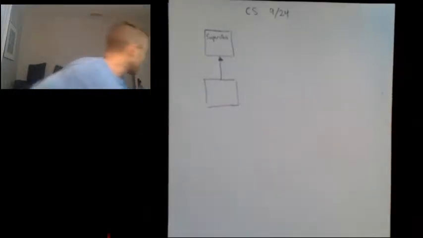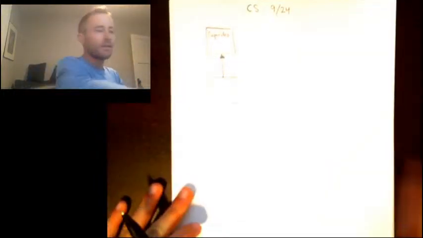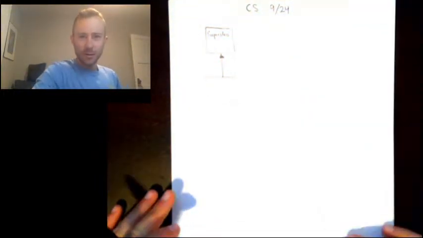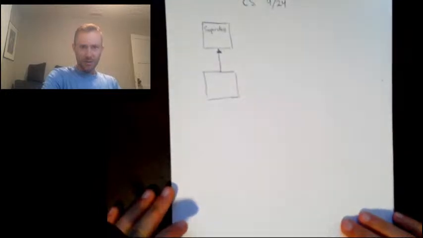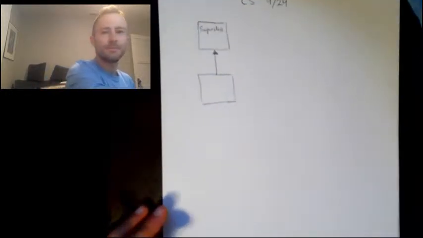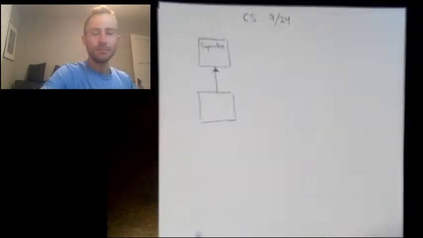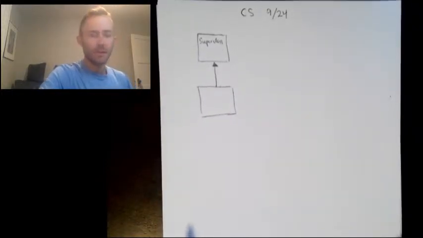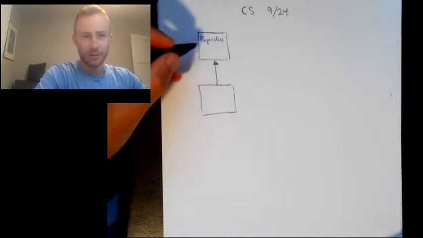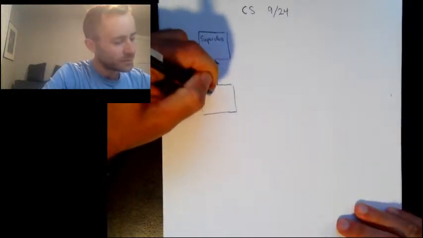I think I need to turn the light on so you can see a little bit better. Maybe that's a little bit better. Okay, so there's the superclass, and then there is the subclass.